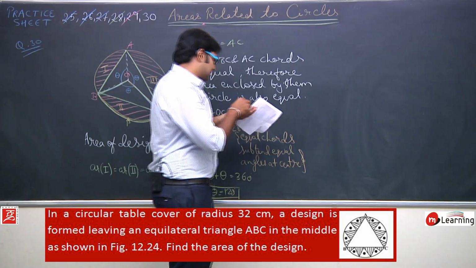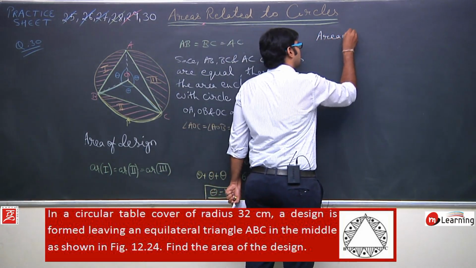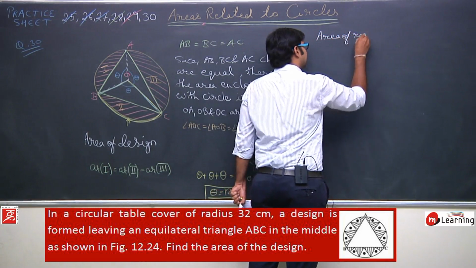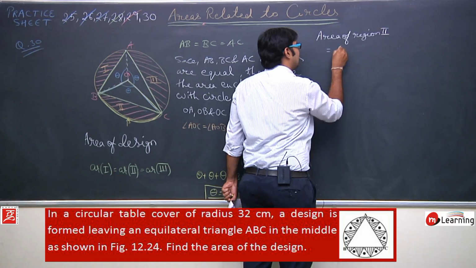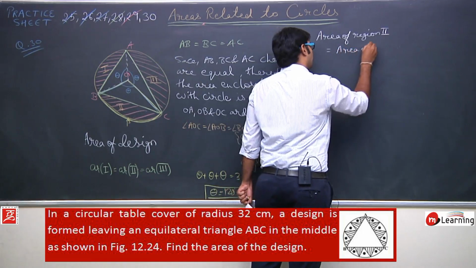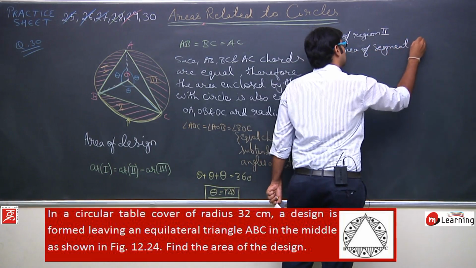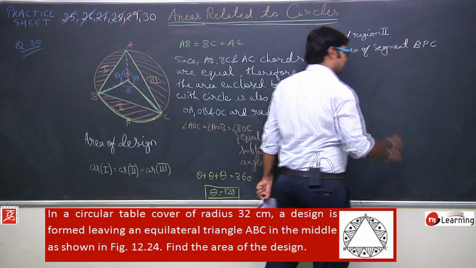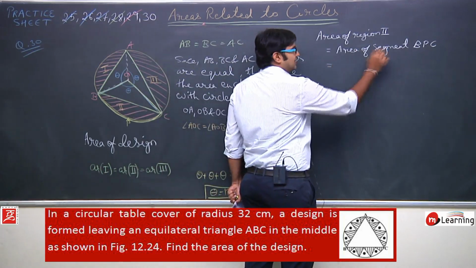So the area of region 2 is equal to the area of segment BPC.